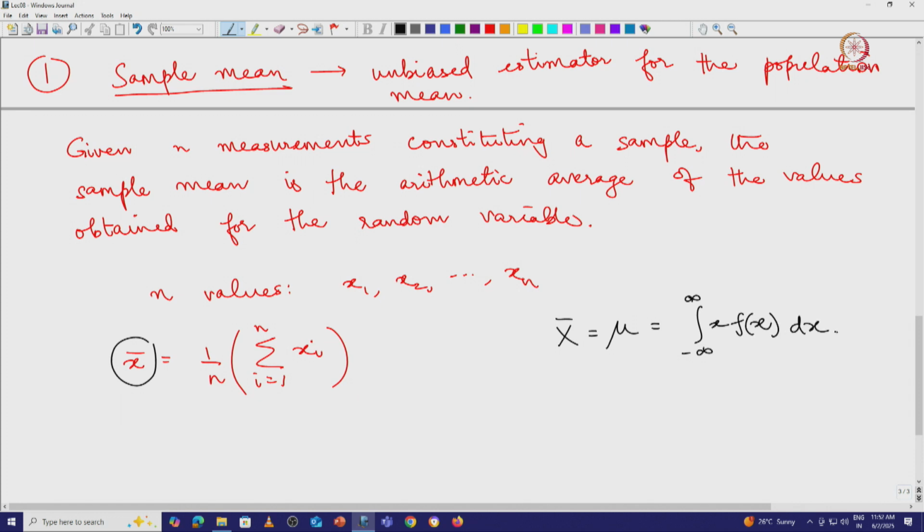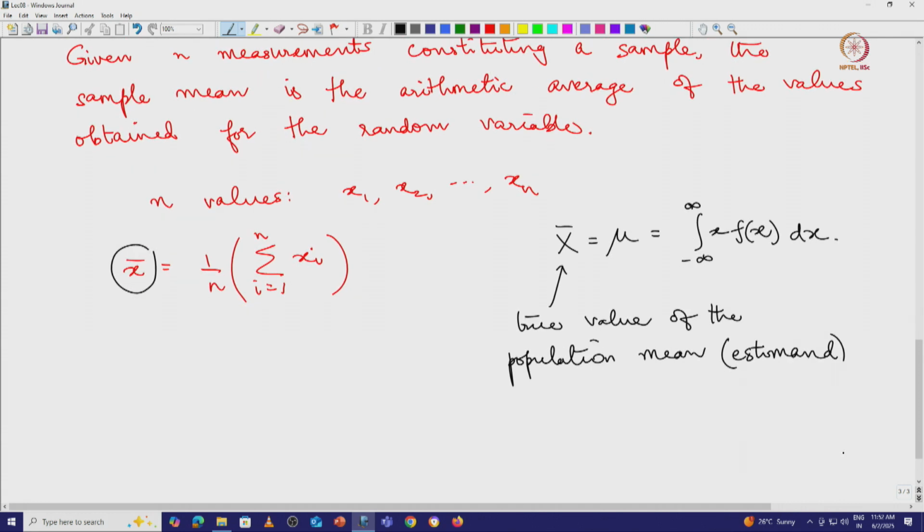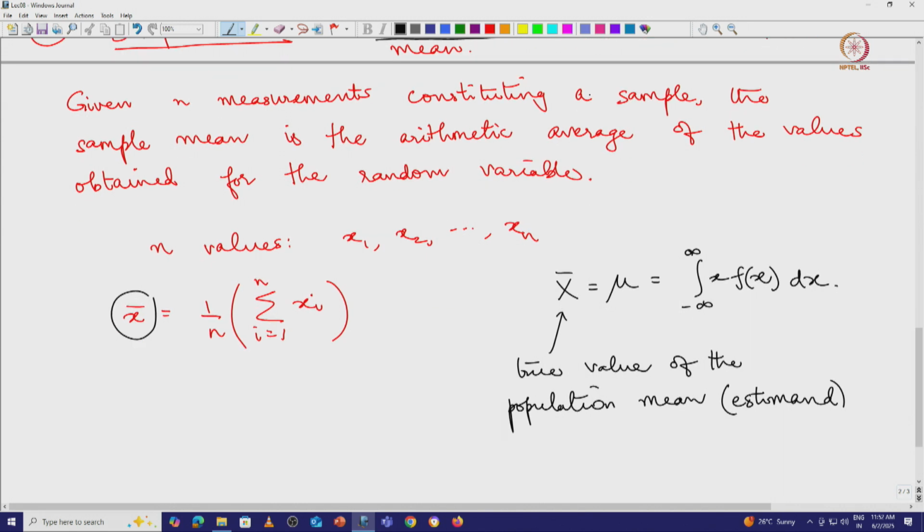So, this is actually the true value of the population mean, which is the quantity that is being estimated.